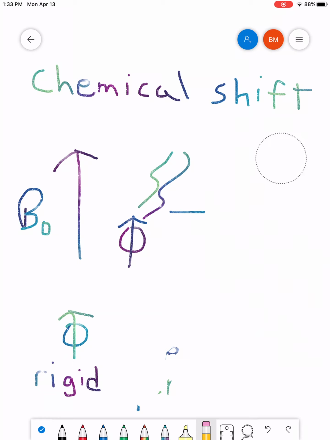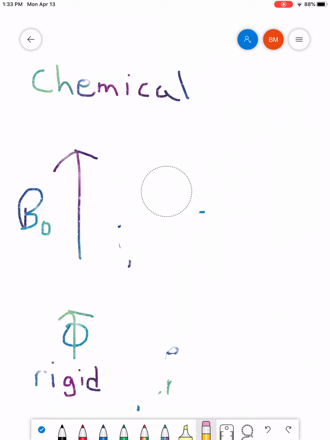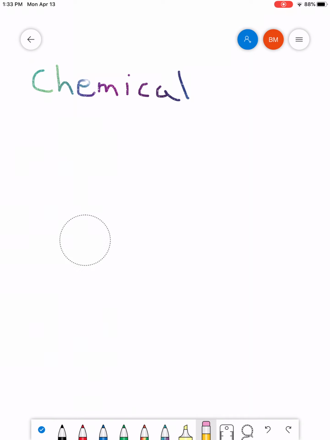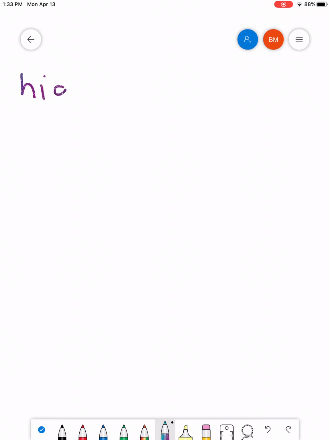Just make a quick note of that here once I get everything erased. I'm sure there's probably a way I can clear this all off of my screen at once, but hey, guess what? Haven't found it yet. All right, so higher energy, downfield.